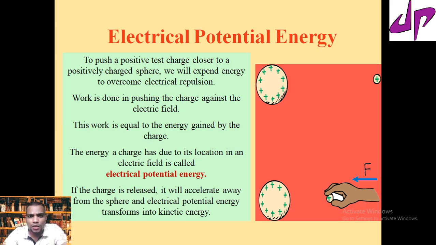One is a source charge, the big one, and the small one is a test charge. Since both are positive, what happens? They both start to repel each other. That's their nature.